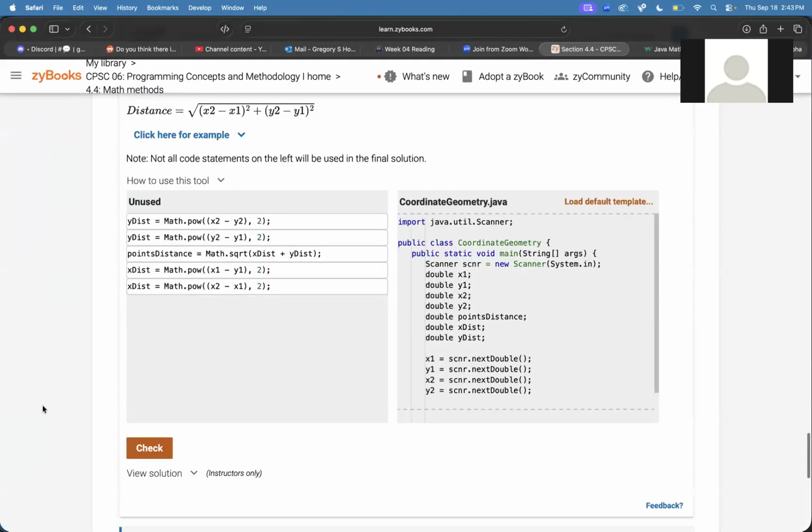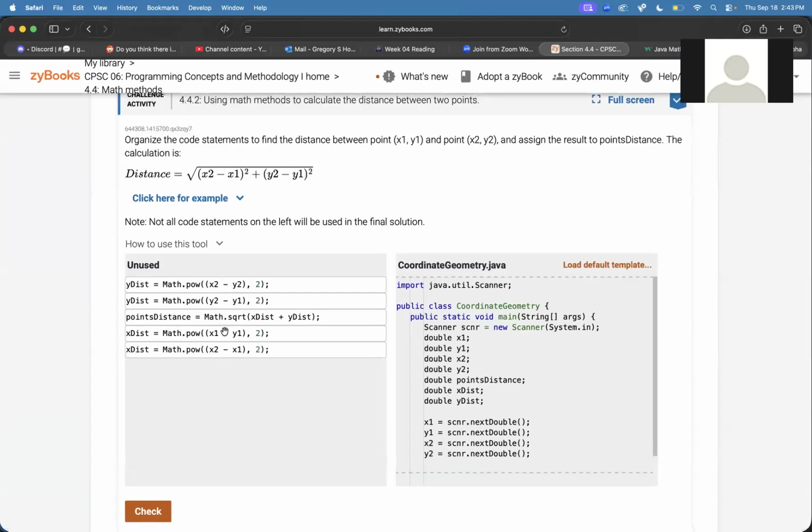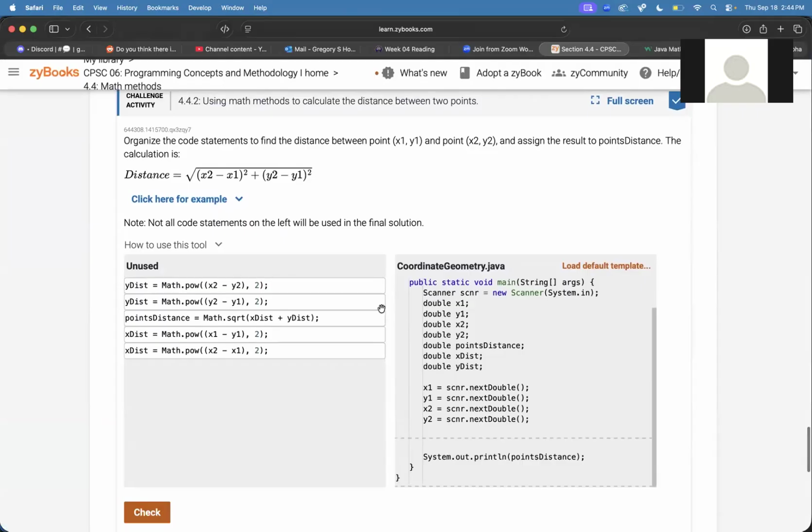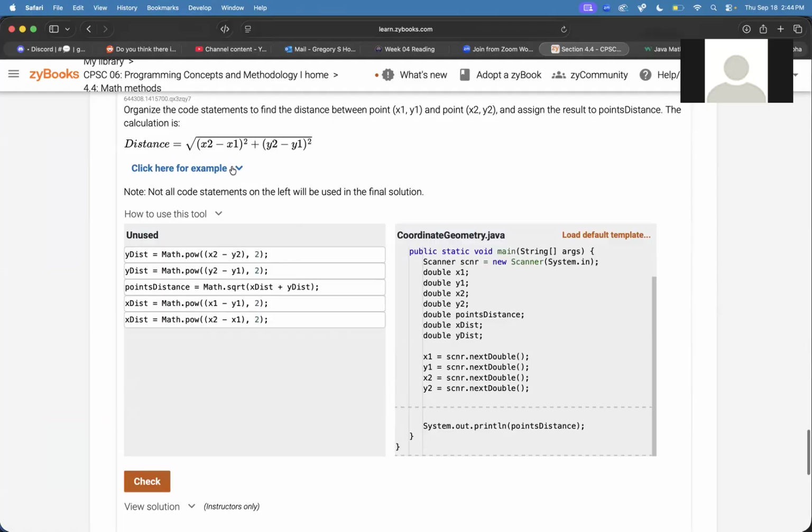So there we go. Now, this one here is the same as we did before, where we are just putting things in the right order. So they're clearly doing this in several lines here. If you were going to calculate this entire thing, how would you do it? Well, you could do the x2 minus x1 squared first. So look up here for where is x2 minus x1 squared. The top one is x2 minus y2. That's not this.